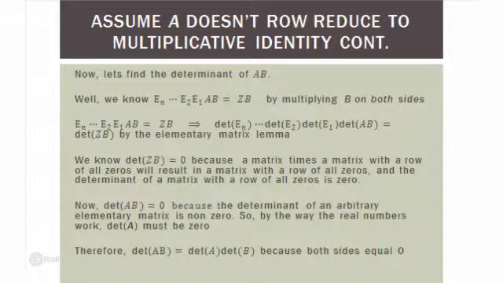So, by the way that real numbers work, the determinant of A must be 0. Therefore, determinant of AB equals determinant of A, determinant of B, because both sides are going to be equal to 0. Because determinant of AB equals 0, and determinant of A equals 0, and anything times 0 is going to be 0. So 0 equals 0.